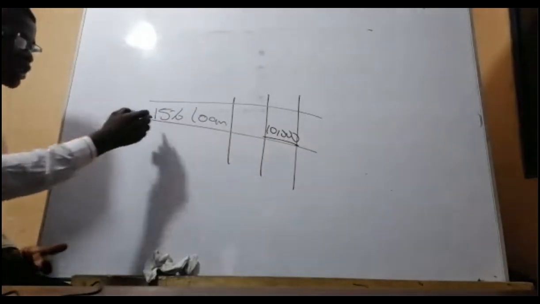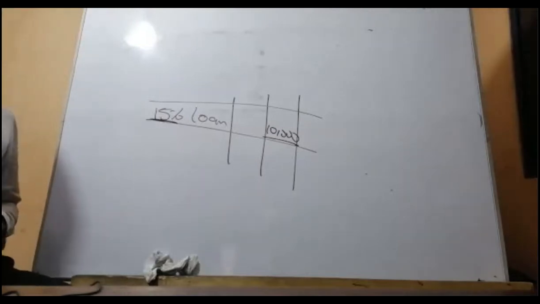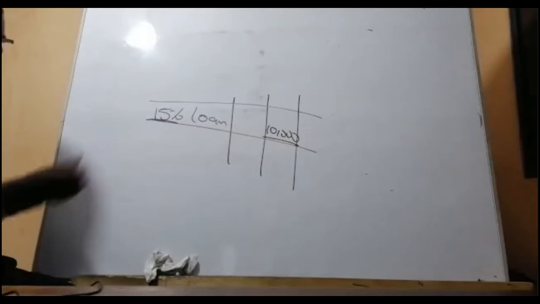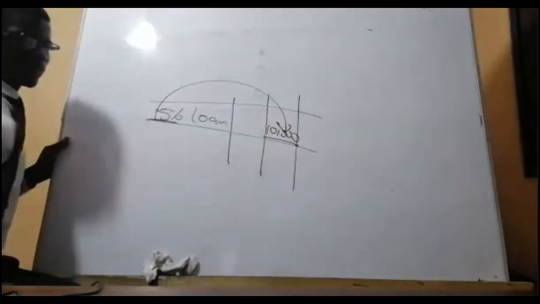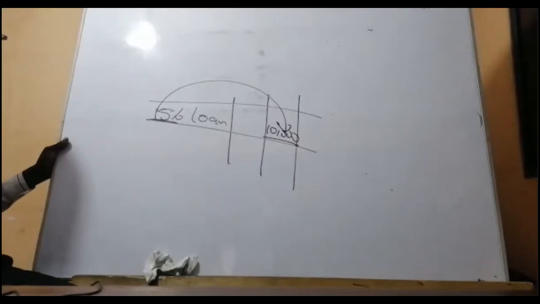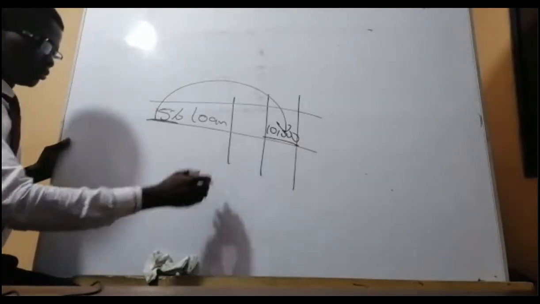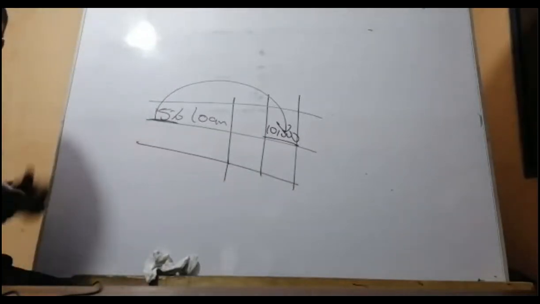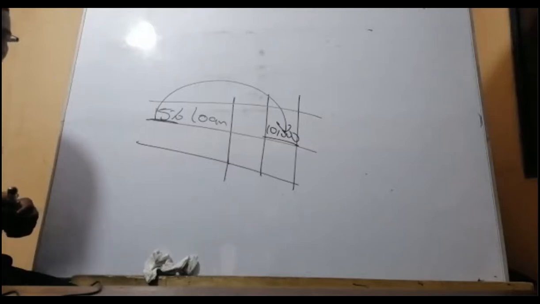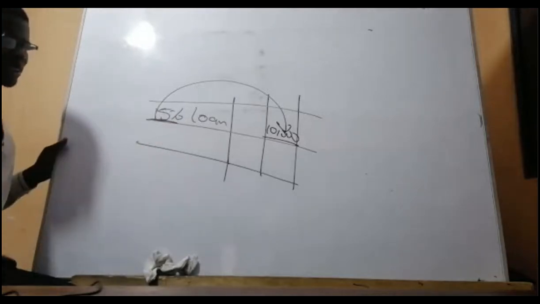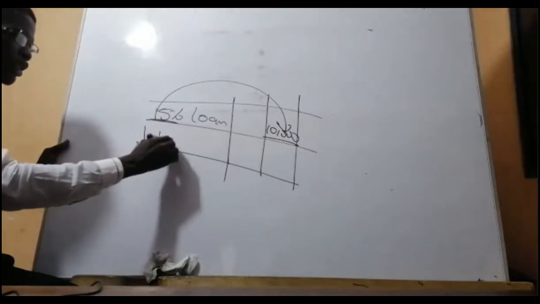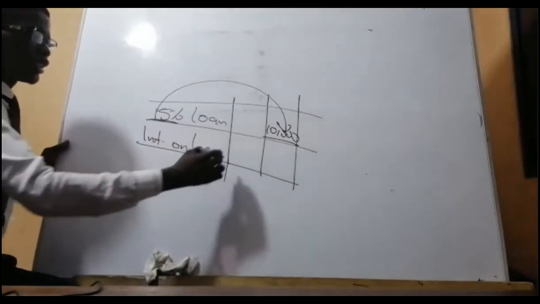You are paying what? 15%. So this year, how much are you going to pay? 15% on this value, right? And that will give us what? 1,500.